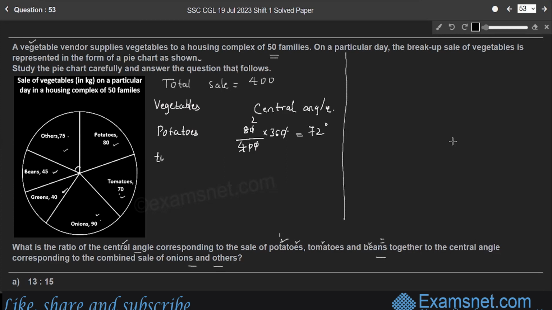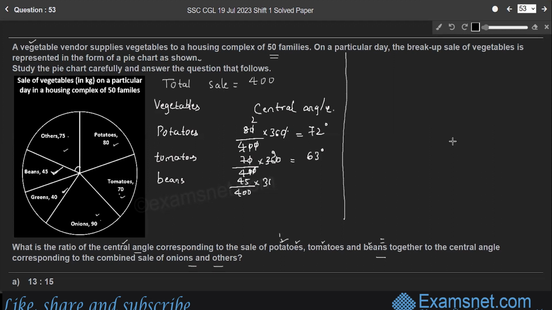Now corresponding to tomatoes, what is the central angle? Out of 400, tomato sale is 70, therefore for 360, right? So we have 4 into 9, 36. 63 degrees is the central angle corresponding to tomatoes. Now for beans, the central angle: out of 400, bean sale is 45, right?